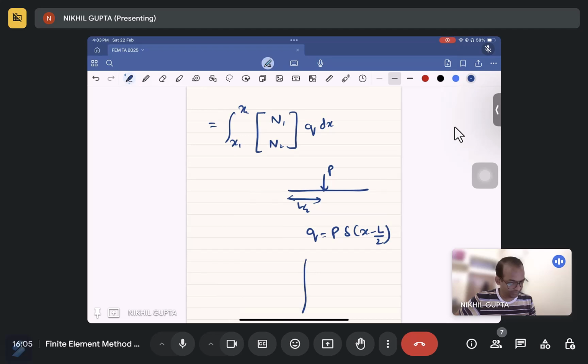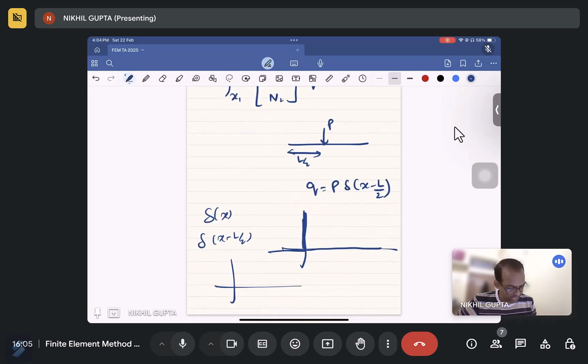Whenever you say delta x, it means at x equal to 0 it is infinite, and the rest is 0. If you say delta of x minus L by 2, this function has an infinite value at L by 2, and is 0 elsewhere.